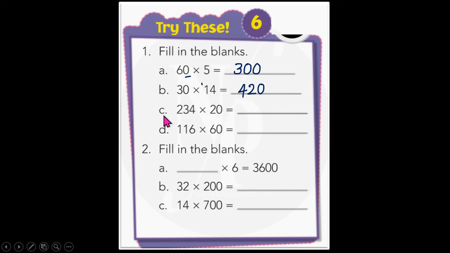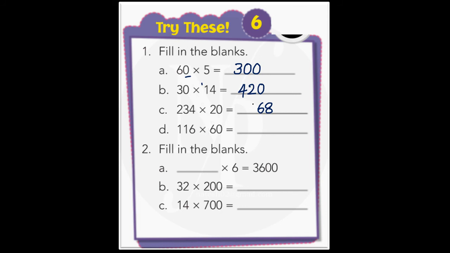Coming to C, we have 234 into 20. We multiply 234 by 2, and to the right of the answer we put 1 0. Let's do it now. So 2 4s are 8. 2 3s are 6. Let's write 6 here. And 2 2s are 4.